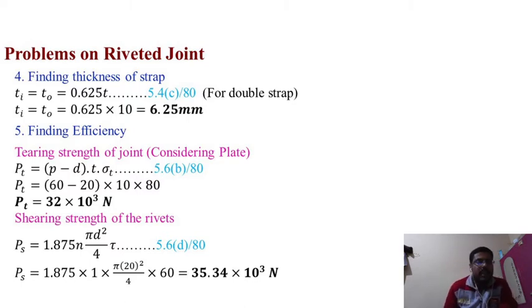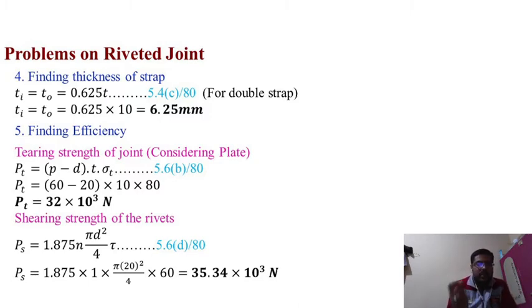Then find out the efficiency of the joint. To find the efficiency, three values are required: tearing strength, shearing strength and crushing strength. We will find them one by one. First is tearing strength. P of T is equal to P minus D into thickness into sigma T, equation number 5.6 B, page number 80 from the data handbook.